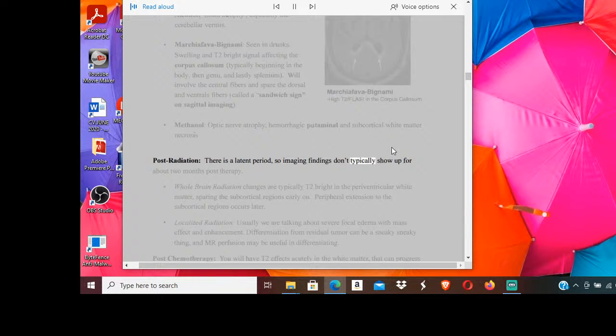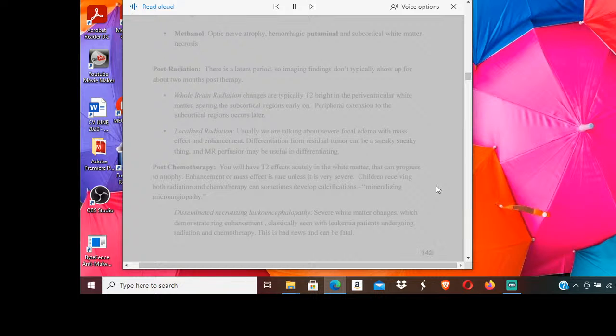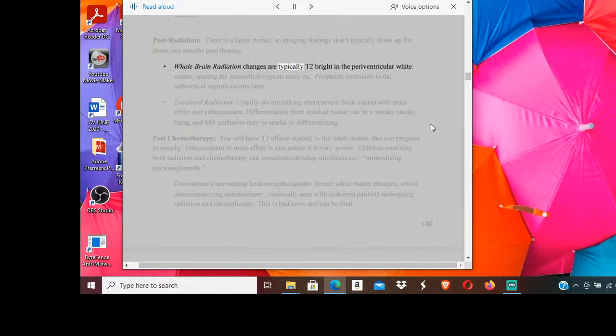So imaging findings don't typically show up for about 2 months post-therapy. Whole brain radiation changes are typically T2 bright in the periventricular white matter, sparing the subcortical regions early on. Peripheral extension to the subcortical regions occurs later.